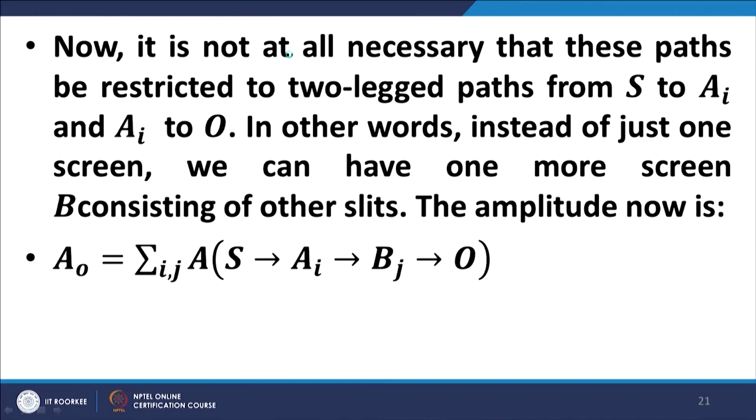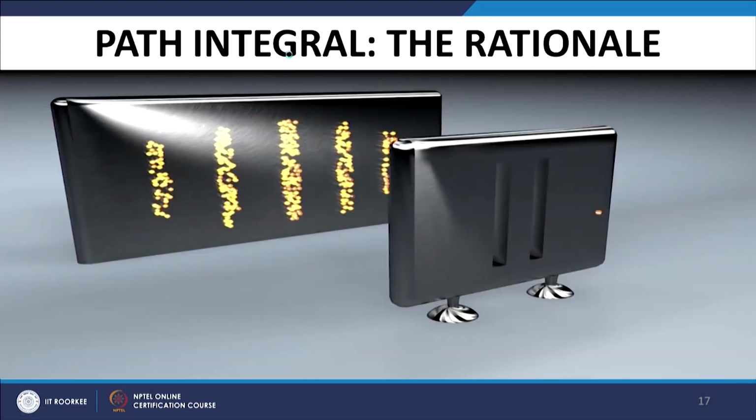That was Feynman's reasoning. What Feynman said is, suppose I increase the number of slits and make them approach infinity, what happens then? If the number of slits in any screen approaches infinity, what happens to the screen itself? The screen simply disappears. So, in the limit that i tends to infinity, screen A simply disappears.